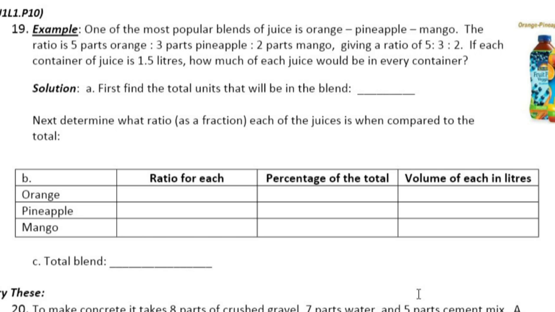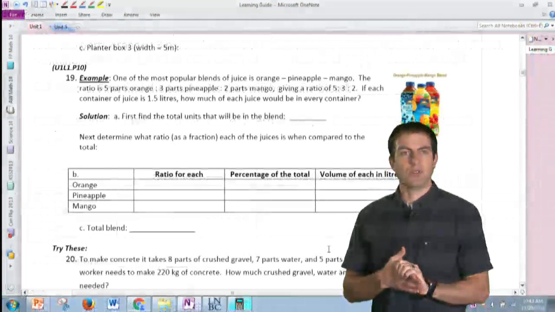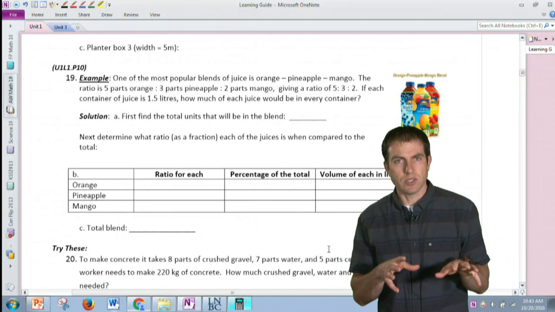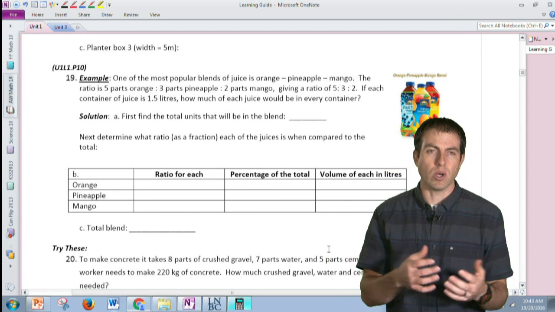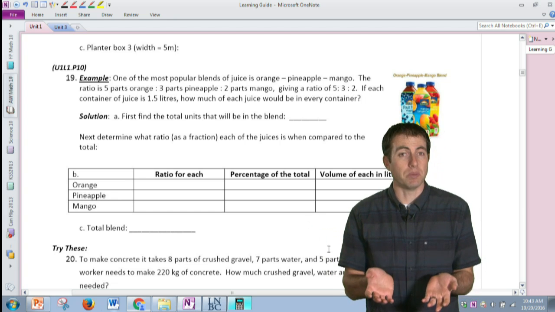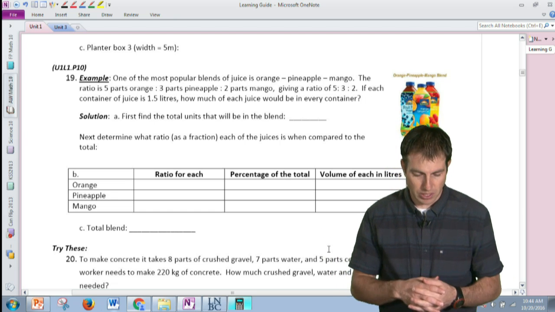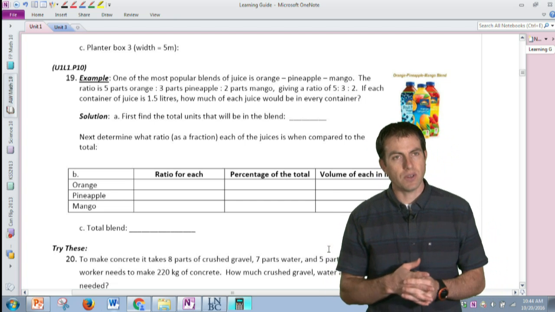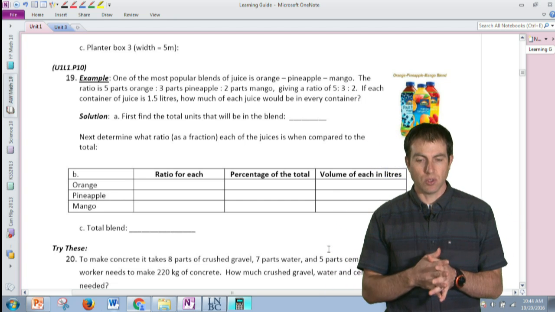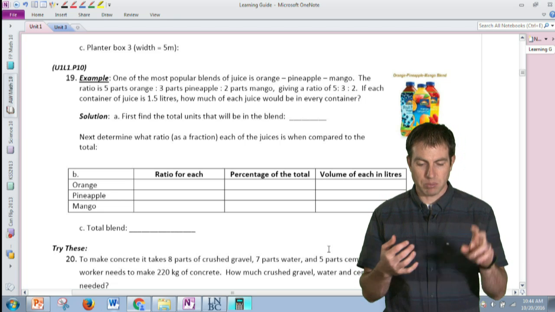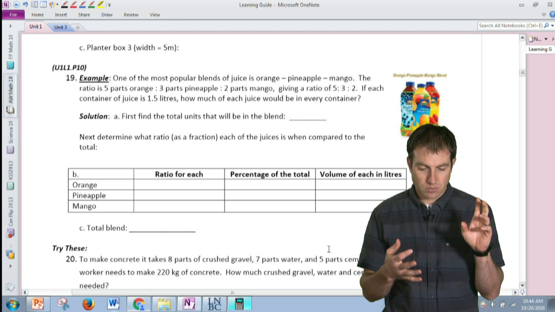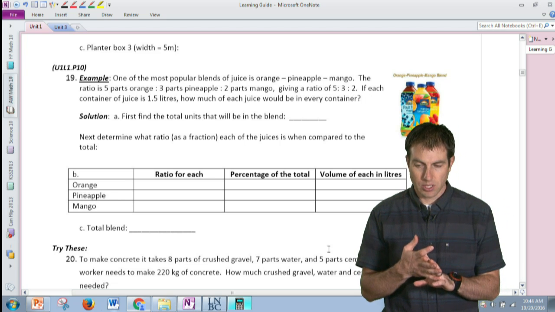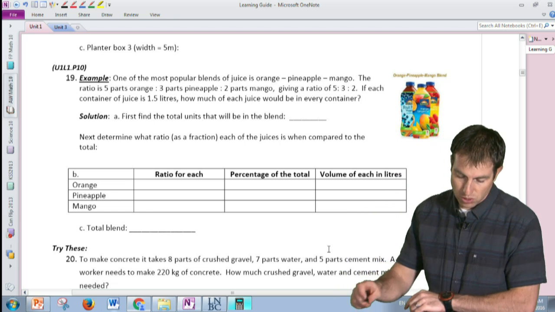So the very first step for all of these types of questions, think of it as a group of questions where you have multiple ratios. It's not always going to be juice. Sometimes it'll be something else. The next one is making some concrete. You need to find out the total, how much you have in total. So if you had 3 parts of pineapple, 2 parts of mango, and 5 parts orange, how much do you have in total?